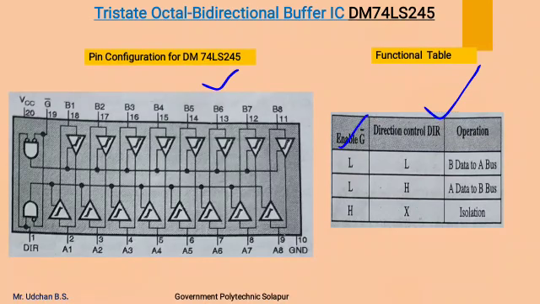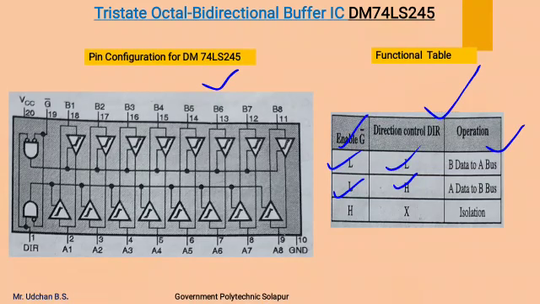When the G bar pin is low and the direction pin is low, then data can pass from the B line to the A line, or B bus to A bus. When the enable bar pin is low and the direction pin is high, then data can flow from A bus to B bus. This is how the data can flow in two directions.